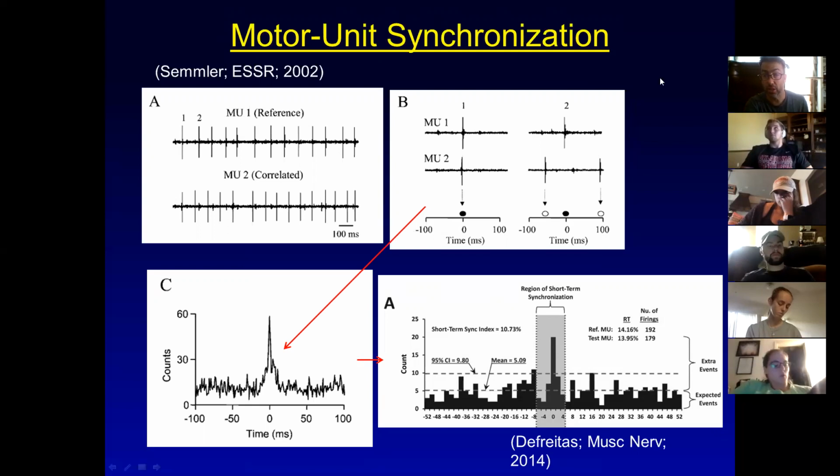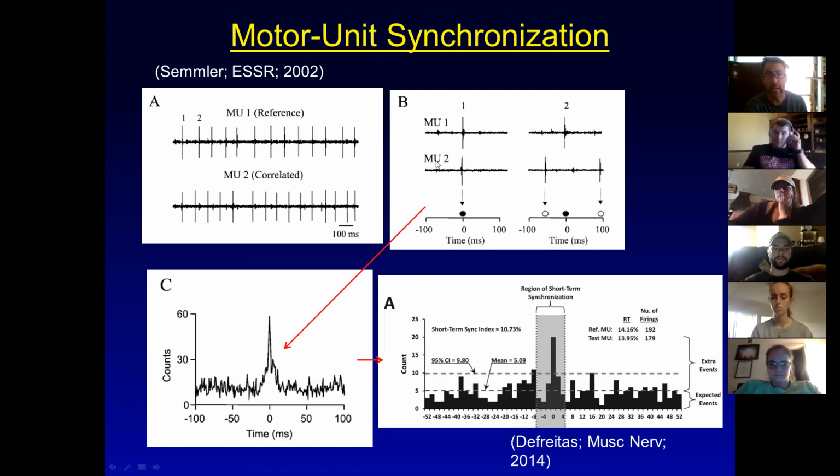Conversely, with very asynchronous firing, when you get an action potential in one motor unit, there's no action potential in the other ones. They're not time-locked; while one is not firing, the other one is.